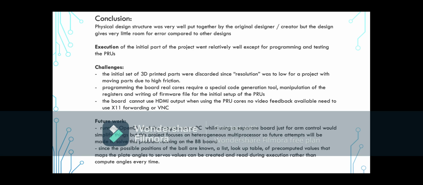But I wanted this project to focus on heterogeneous multiprocessing, where one board with two processors does the video processing and the movement. So future attempts will be made to solve this problem, still trying out the BeagleBone board.